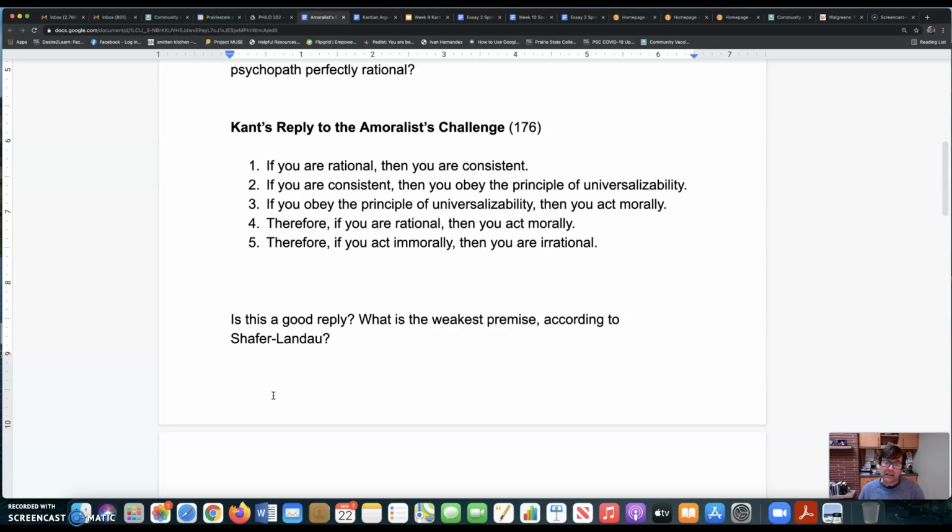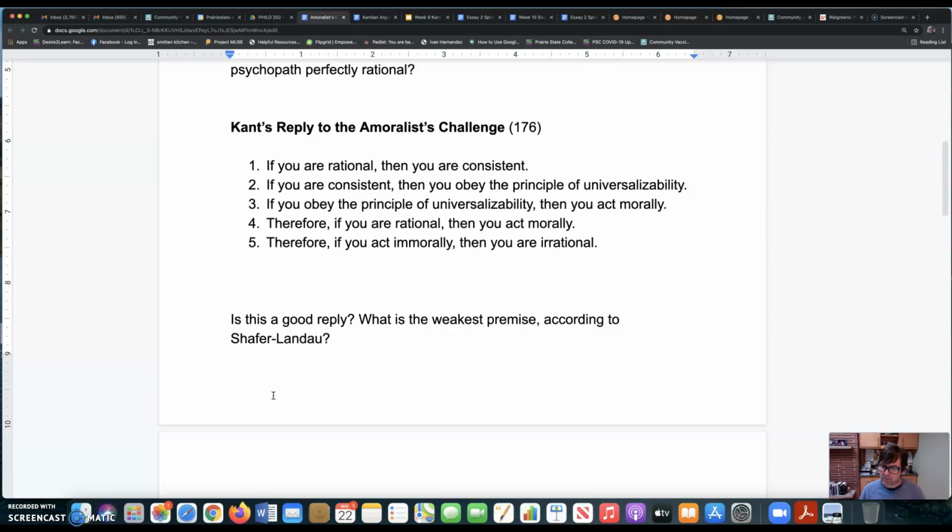But he's trying to think of an example of someone who is single-mindedly and fanatically devoted to a purpose, and will do everything in his power to achieve that purpose. But where he's acting on a perfectly consistent principle, right? One that could be universalized.